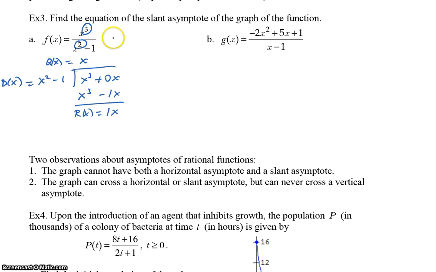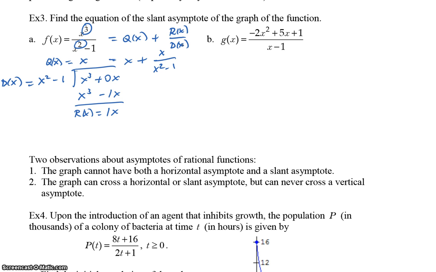So we want to write f of x as quotient plus remainder over divisor. So in this case, that would be x plus x over x squared minus 1. Notice the quotient and the remainder are both x in this case.